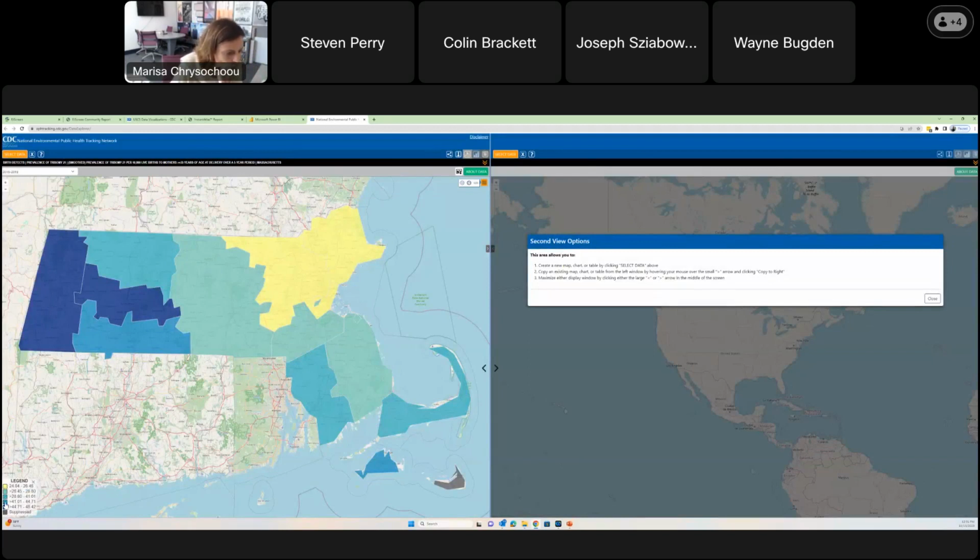So the two colors that are the deeper colors are the ones that exceed the state average. So for example, here, Berkshire County in Massachusetts, Hampshire County and Hampden County exceed the state average in terms of prevalence of trisomy 21 per 10,000 live births to mothers more than 35 years of age.